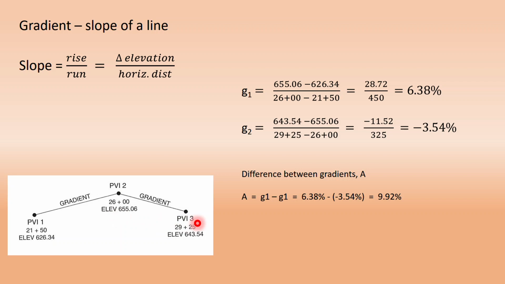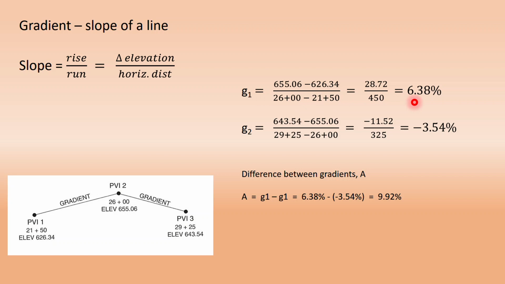And when you have three points of vertical intersection, you have two gradient lines, and you can compute a gradient difference between those two. So the gradient of your first line, or the slope of your first gradient line, I should say, G1, is simply computed by taking the difference in elevations and dividing it by the difference in stationing, because that gives you your horizontal distance.